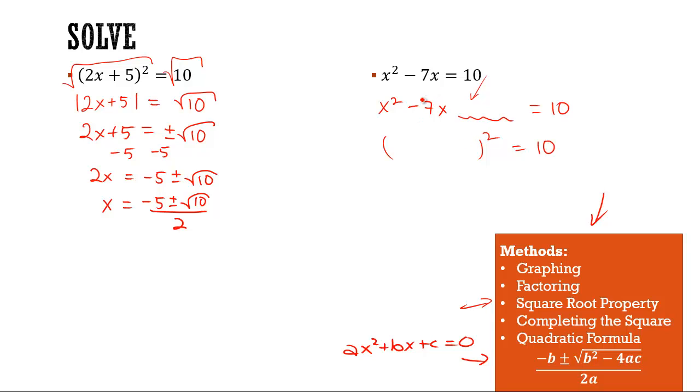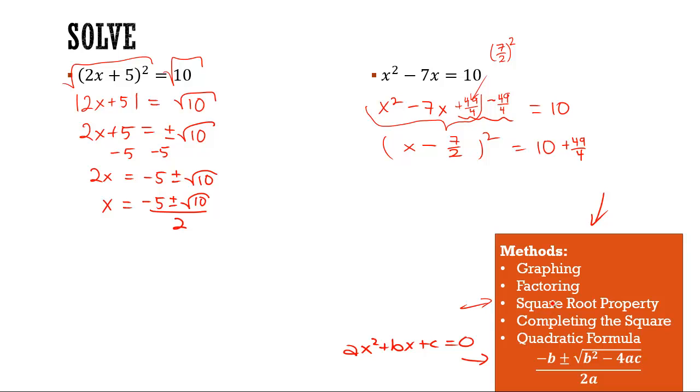And remember, that was half of the middle term squared, which in this case is 7 over 2 squared, which is 49 over 4. But if we add 49 over 4, we have to subtract 49 over 4, or add it to the other side. So eventually it'll go here. But this part will now become a perfect square, so that's x minus 7 halves, according to the perfect square formula.